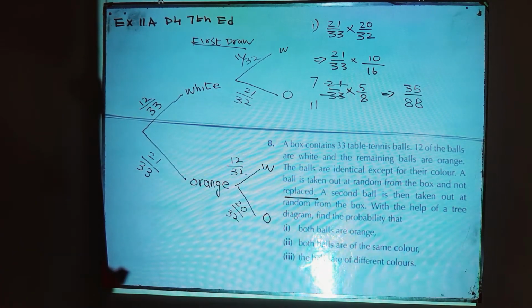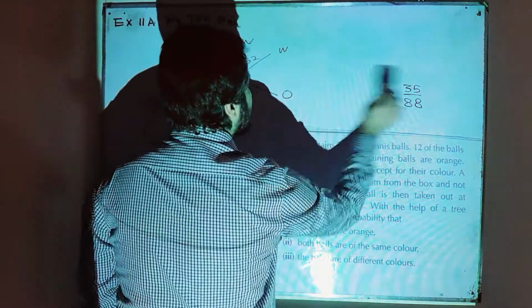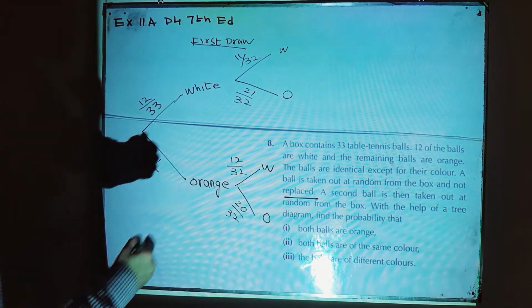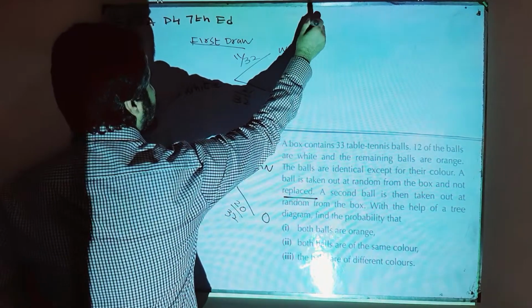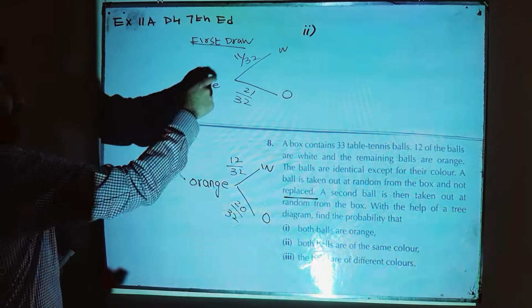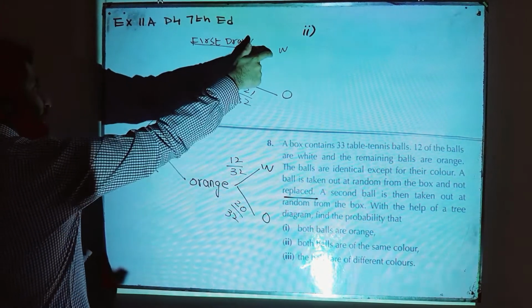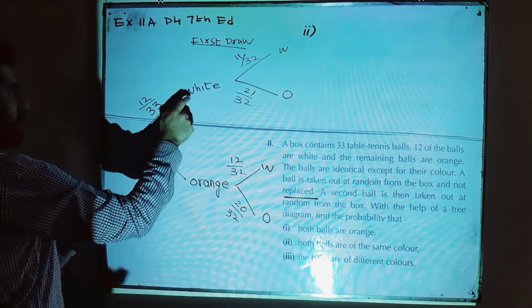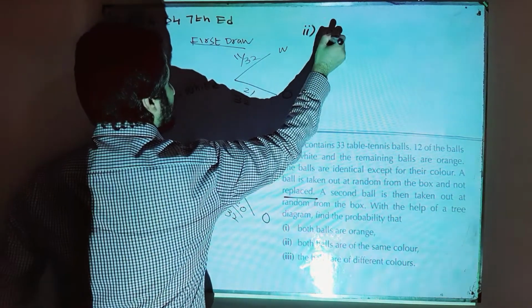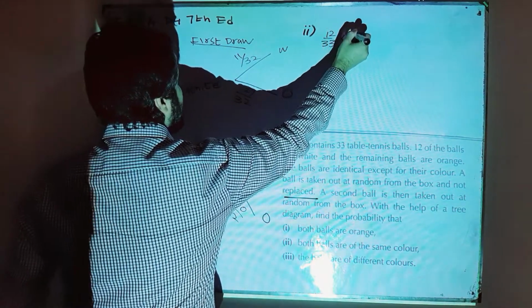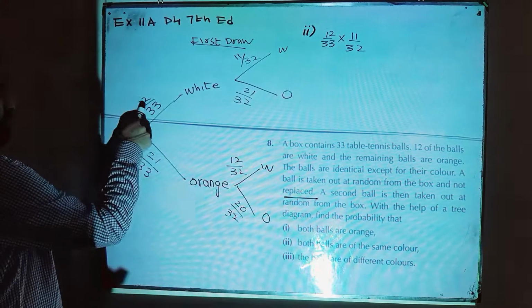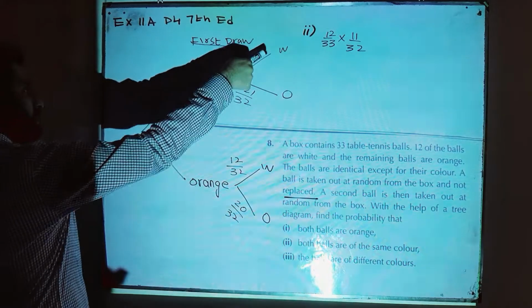The next one is part number 2. Both balls are of the same color. Well, that is the case of white and white, or orange and orange. For the first draw white, second draw white, and orange. So for white and white it will be 12 by 33 into 11 by 32, plus.